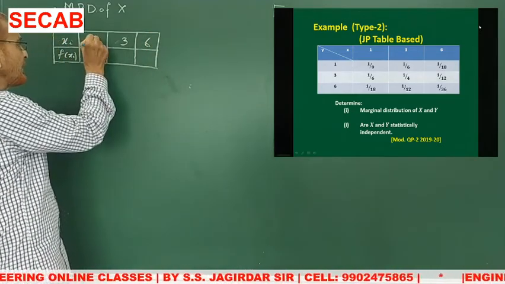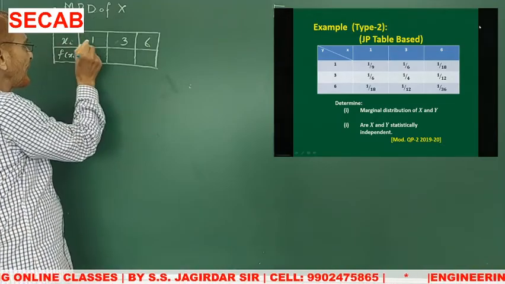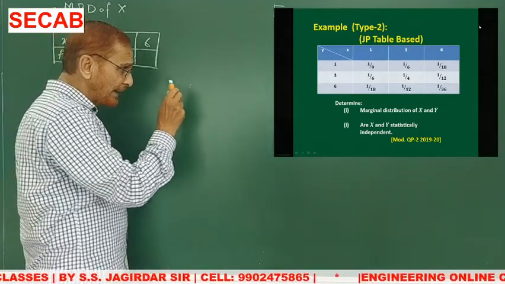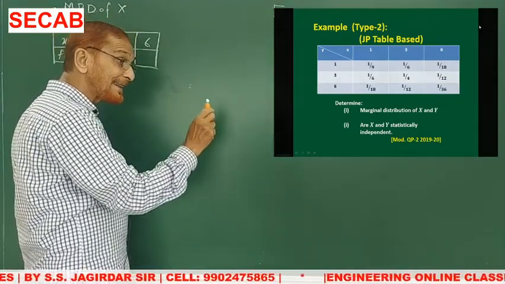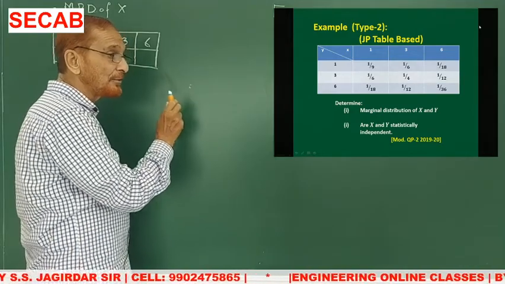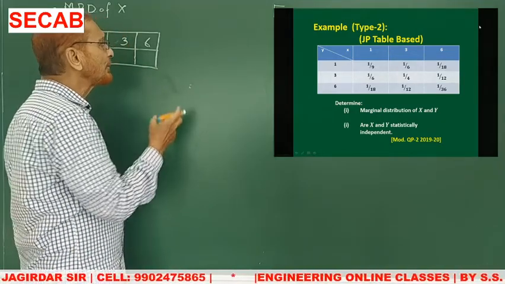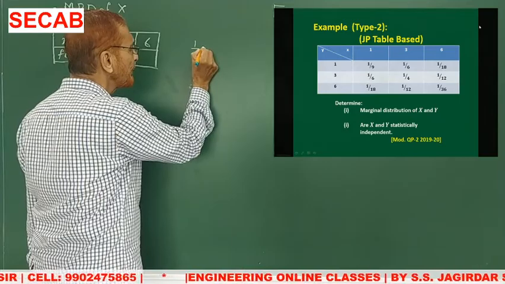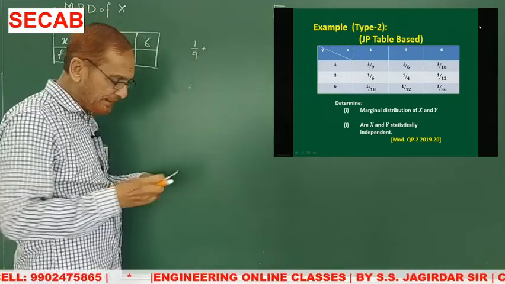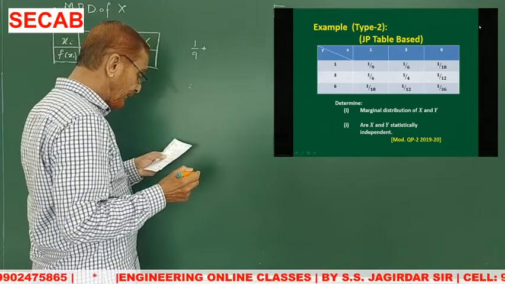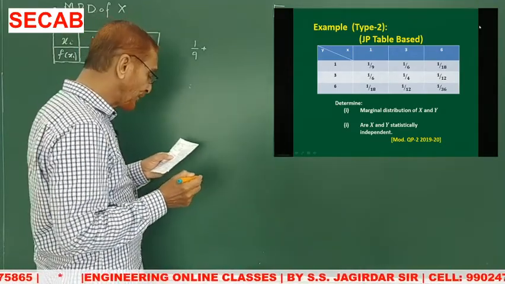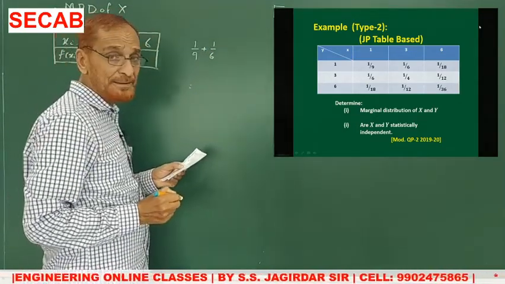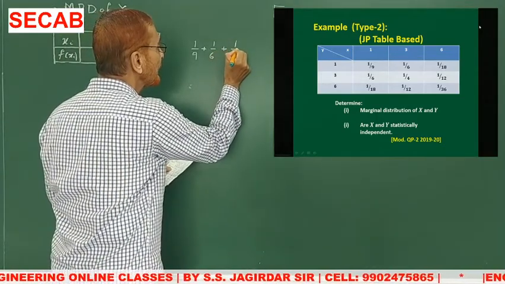Now to get the marginal probability of x when its value is 1, the rule is: you add all the entries along the row against the x value 1. Against 1 the values are 1 upon 9, 1 upon 9, 1 upon 9, 1 upon 6, 1 upon 18, 1 upon 18.